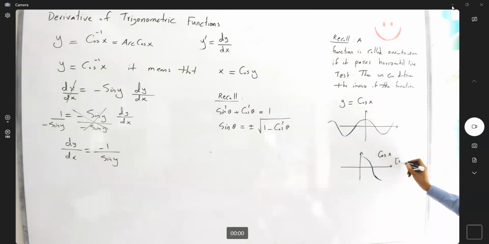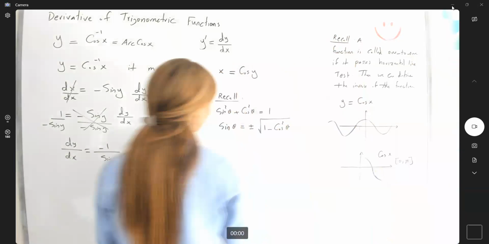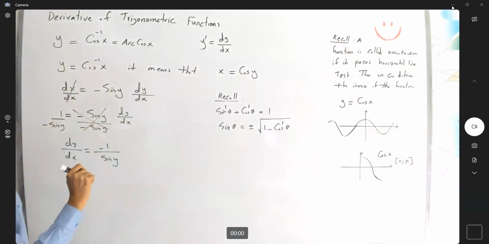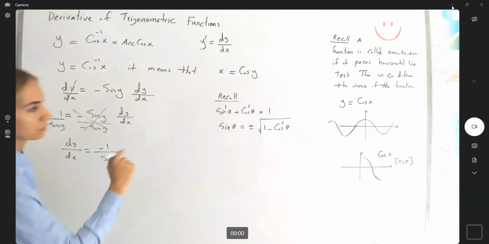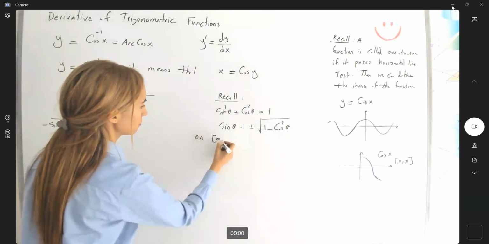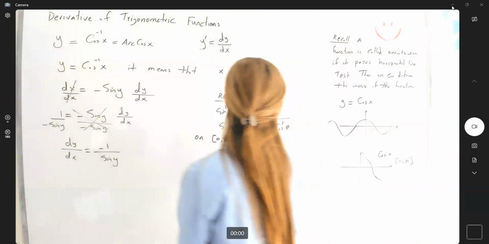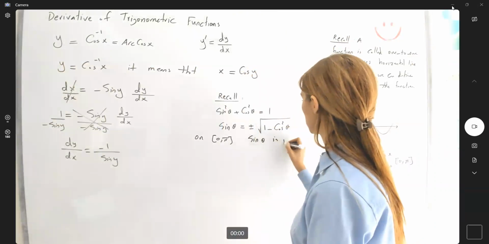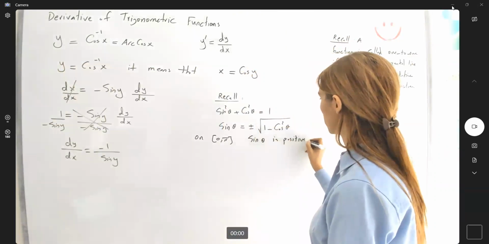Cosine of x on 0 to pi. Between 0 and pi, your function sine is going to be positive. Sine theta is positive, or it is 0.